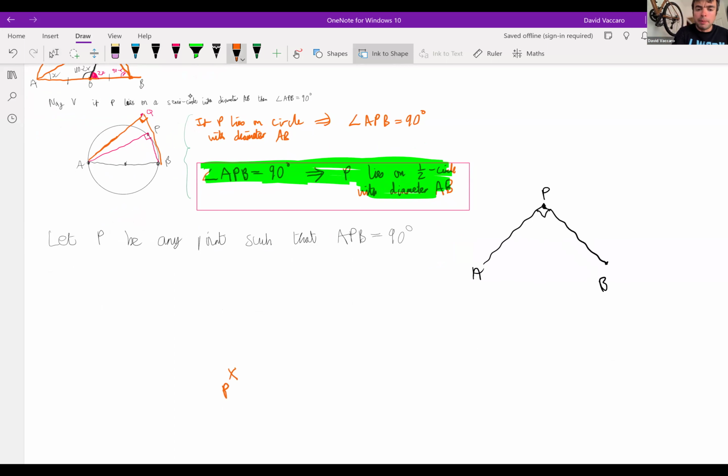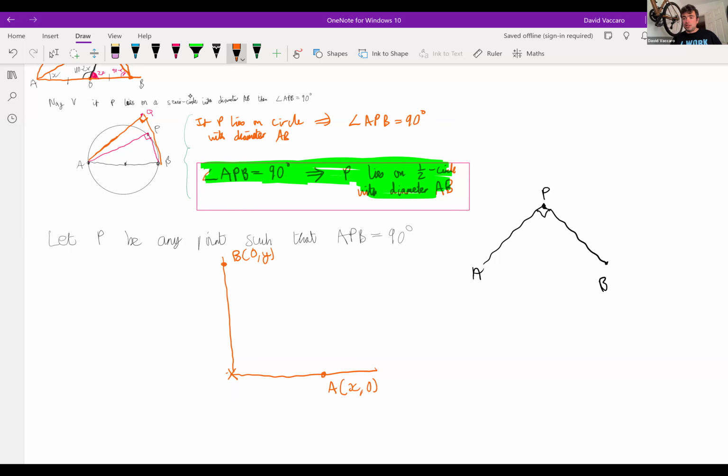And these two perpendicular lines, I'm going to make the X and the Y axis. So I can always choose the axes so that they are like this, so that A has coordinate x0 because it's somewhere on the x-axis.